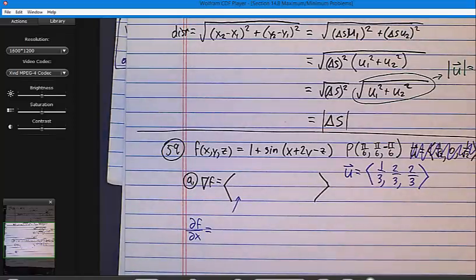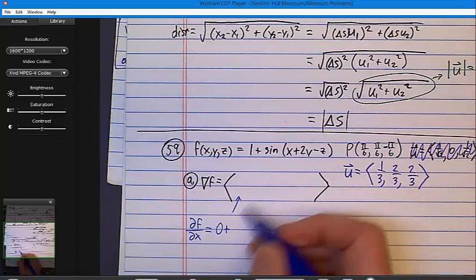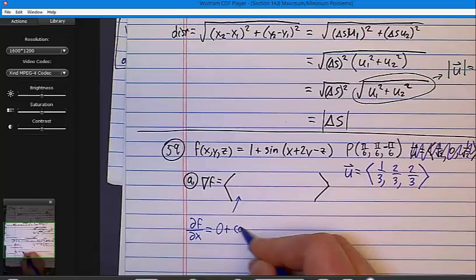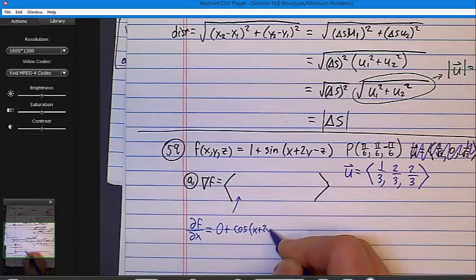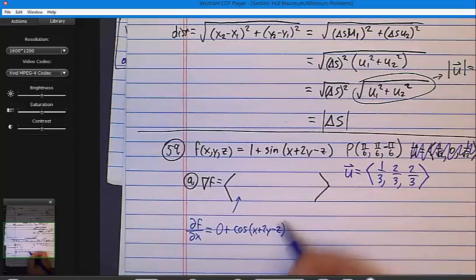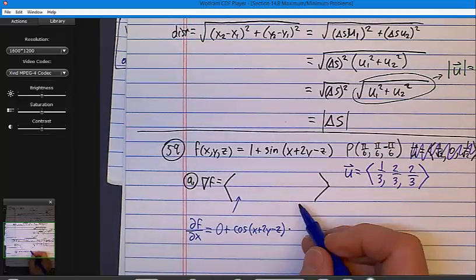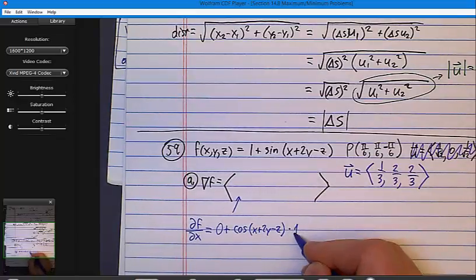So that's going to be 0 plus the sine, derivative of sine is cosine, x plus 2y minus z, times, by the chain rule, the derivative of what's inside, which would be 1, right?